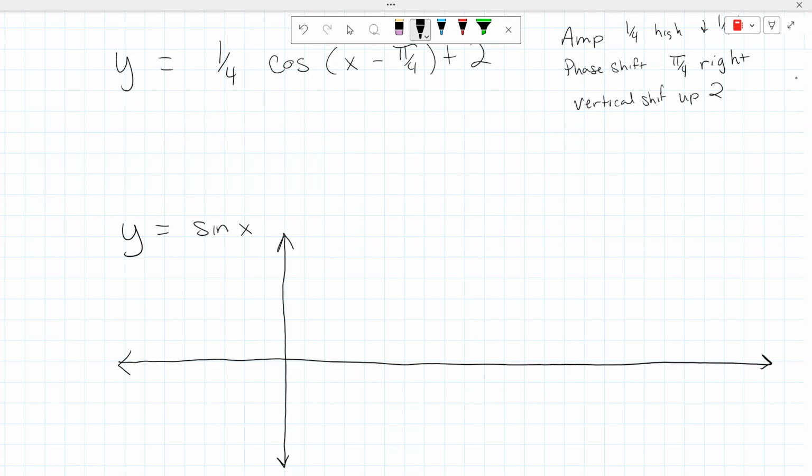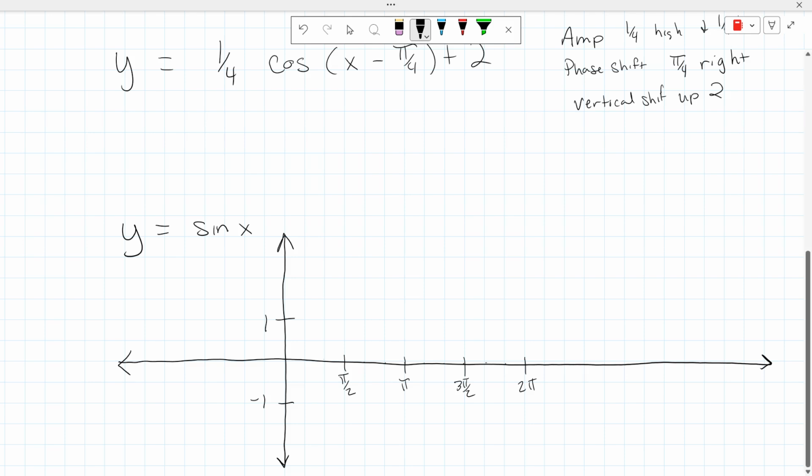So 1 pi over 6, 2 pi over 6, 3 pi over 6, which is pi over 2, 4 pi over 6, 5 pi over 6, 6 pi over 6, which is pi, 7 pi over 6, 8 pi over 6, 9 pi over 6, which is 3 pi over 2, 10 pi over 6, 11 pi over 6, 12 pi over 6, which is 2 pi. And then each of these squares is 1/2. So 2 squares will be 1 up, and 2 squares will be 1 down.